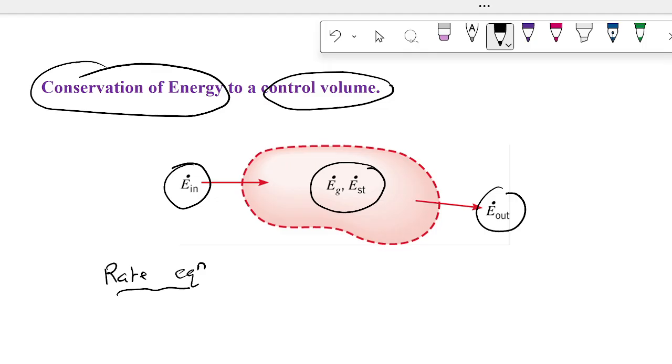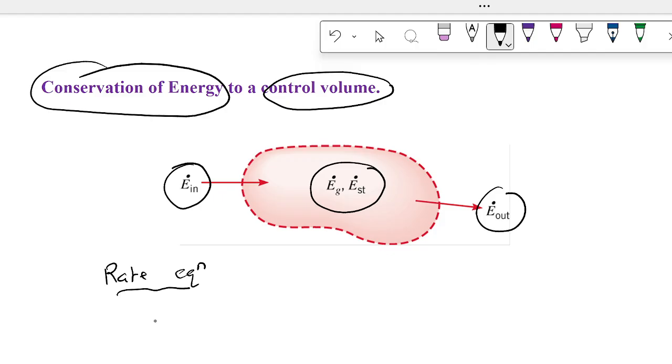If you have a dot on any of these parameters that we're seeing, like E, what does it mean? Dot means the rate, per unit time. Remember that? If you have a dot, it means per unit time, and that's universal for any subject, any book. Anytime you see a dot, what does it mean again? Per unit time. What is the unit for that? Watt. Per unit time means joule per second.